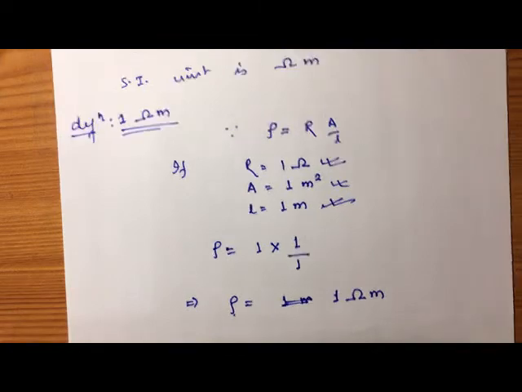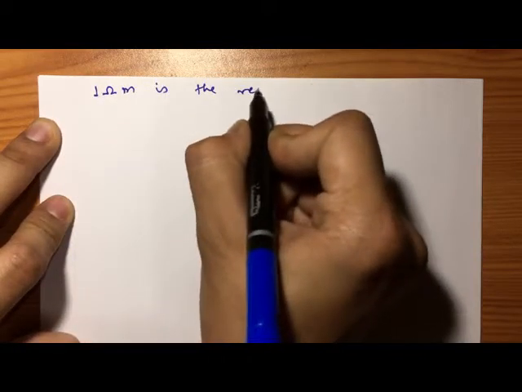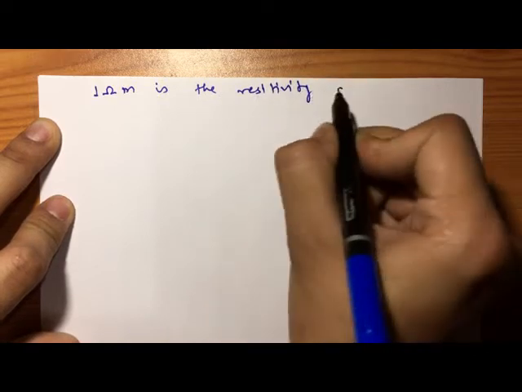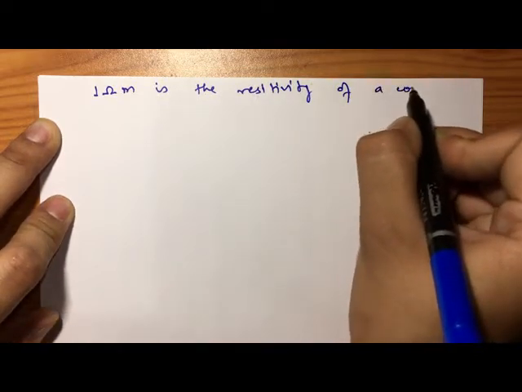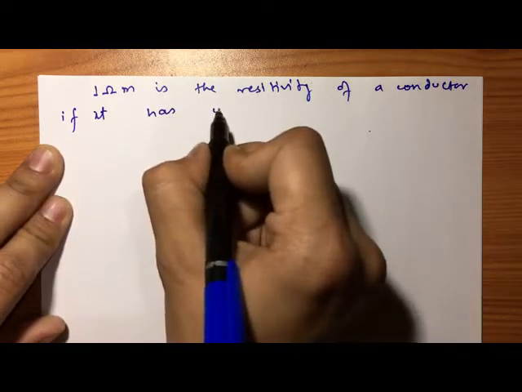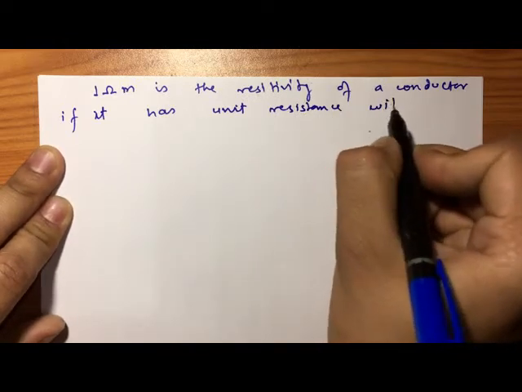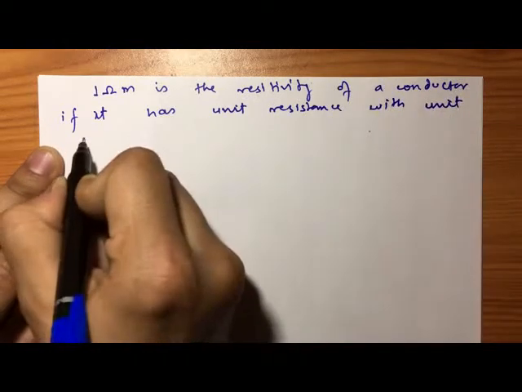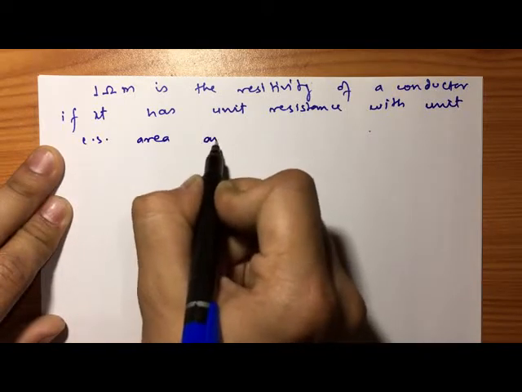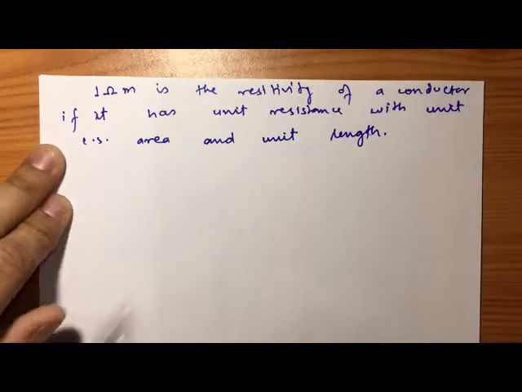So I can define here that 1 ohm meter is the resistivity of a conductor if it has unit resistance with unit cross sectional area and unit length, okay?